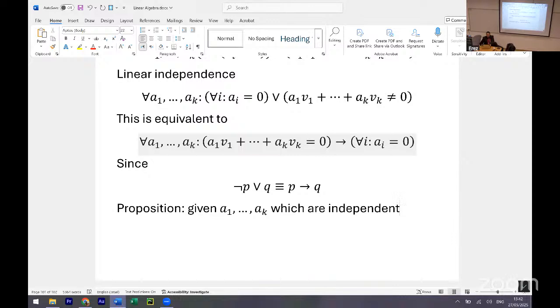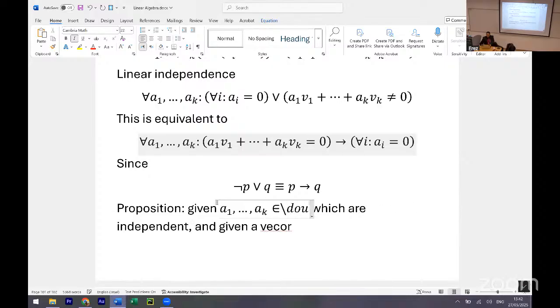So we have K vectors which are linearly independent. And given a vector, okay, something very confusing here, so I'll try to reduce some of the confusion.